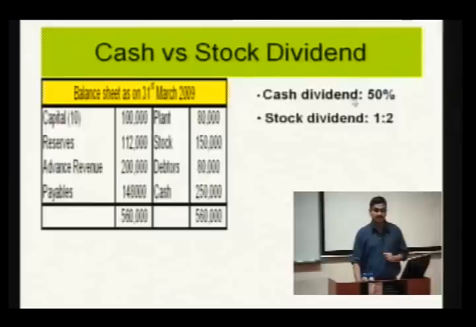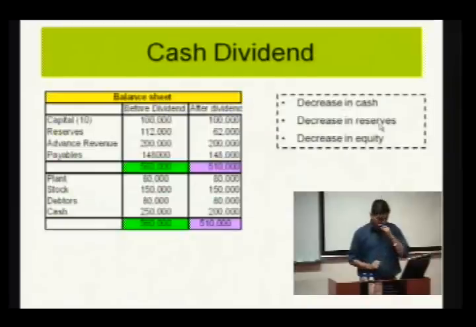Let us see what happens if there is a cash dividend of 50% or a stock dividend of 1:2. If there is a cash dividend, cash goes down by 50,000, 250 becomes 200, and the reserves go down by 50,000 to 62,000. As a result, the equity falls from 212 to 162,000.